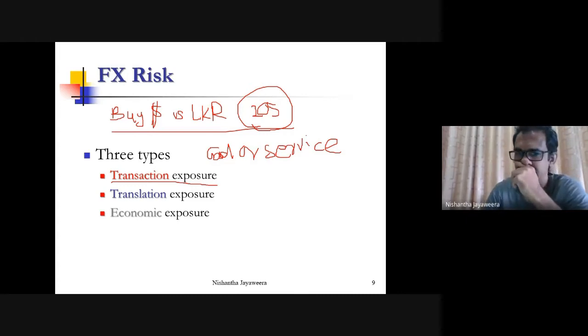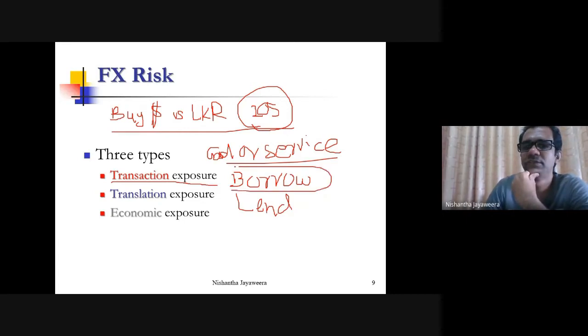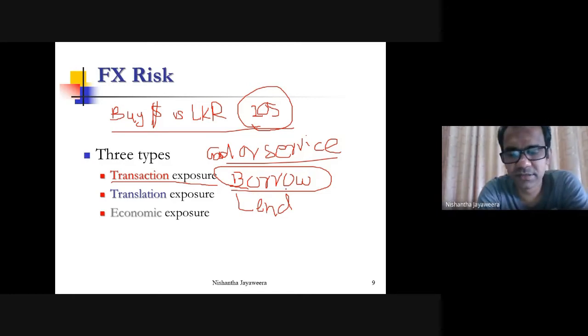So as someone mentioned, this can be a borrowing or a lending as well. If you borrow in dollars or you lend in dollars, whenever you borrow in dollars, you have to convert it into rupees to use it in Sri Lanka.